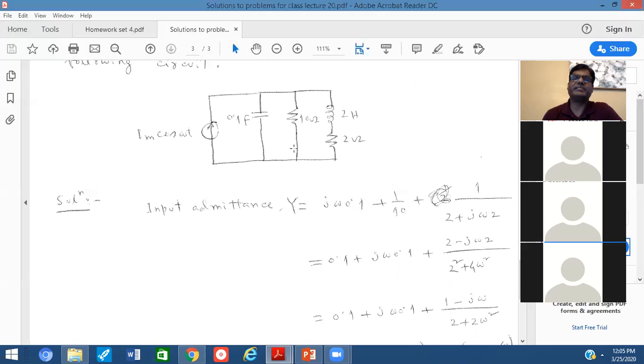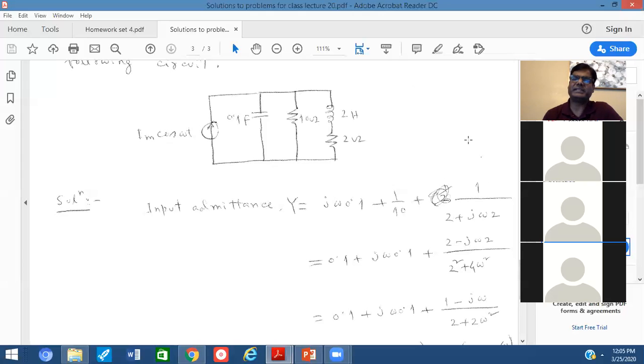And then the next term, because it was 10 ohm resistor in the circuit, I have to write the conductance, that's why this is 1 over 10. And the last term, 1 over 2 plus j omega 2, where 2 is the resistance value and j omega 2 is the reactance value.